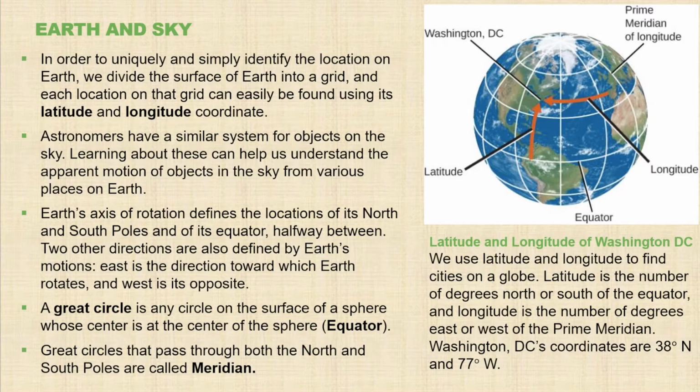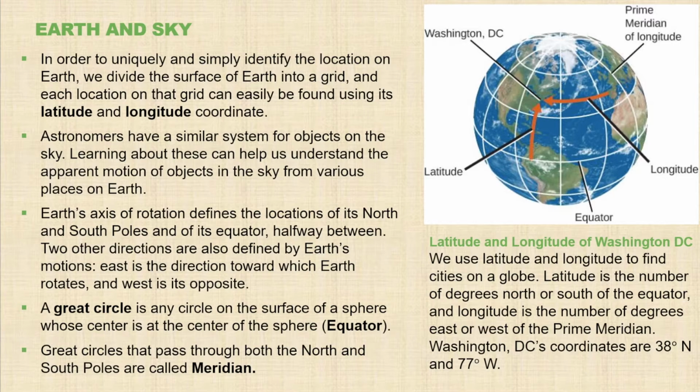If we were to say where Washington DC is located, if you go some degrees north of the equator, this is my latitude, that's 38 degrees north, and 77 degrees west in the longitude. So this is my longitude from that point, and that longitude is called the Prime Meridian.